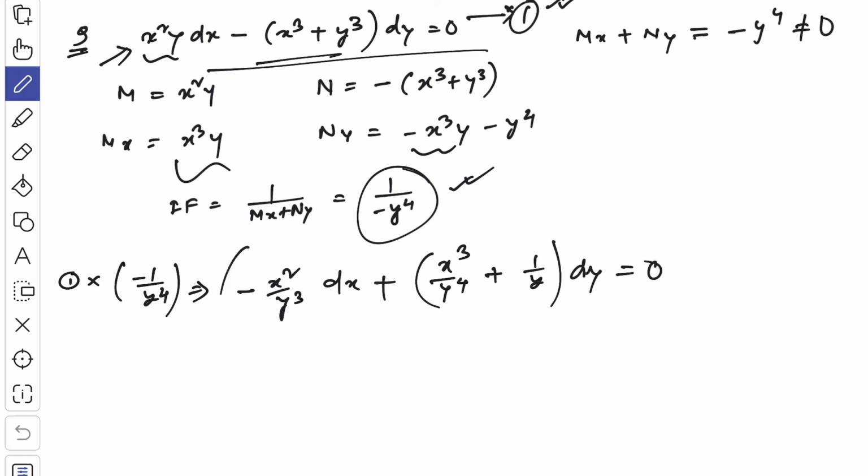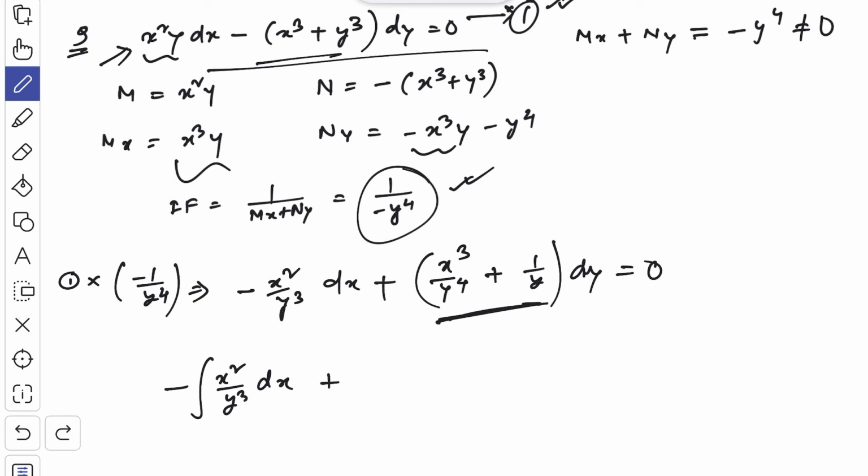Then what we are going to do? We are going to integrate this part, x square by y cube. Y should be considered as constant in this case. Then we are going to integrate only those terms in this expression which are not containing x. There is only one term, that is 1 by y, which doesn't contain x.